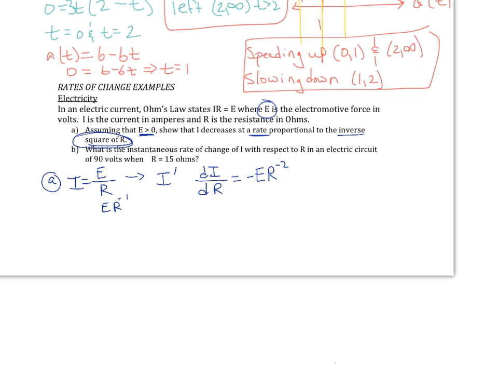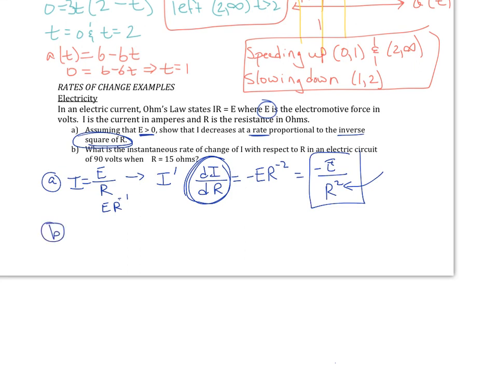And now notice I've got a rate, and I can just clean this up and write it like this. I've got a rate proportional to the inverse square right there. So thus it decreases at a rate, because it's negative, proportional to the inverse of the square. So I just showed that all in that part.